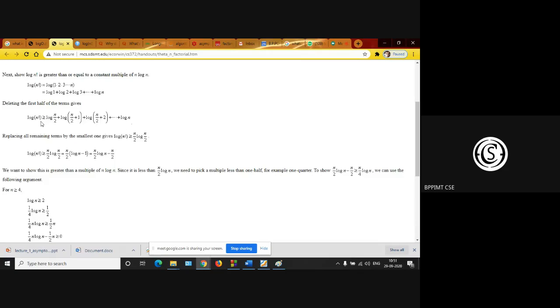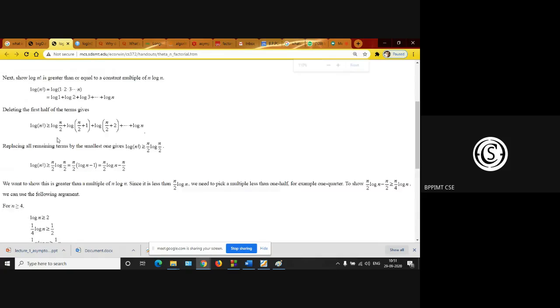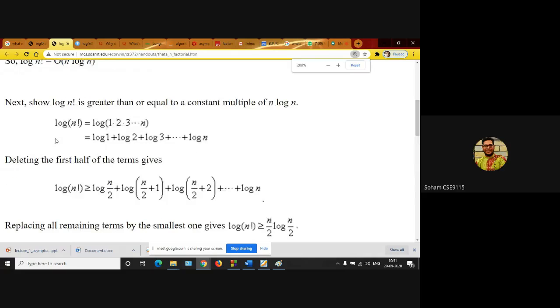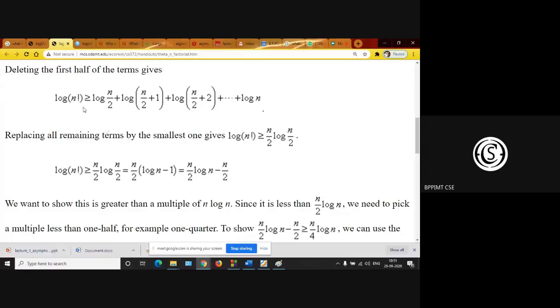So lg n factorial, is it visible? Lg n factorial is greater than or equal to lg of the half portion, that is n by 2 plus 1, n by 2 plus 2 up to n.